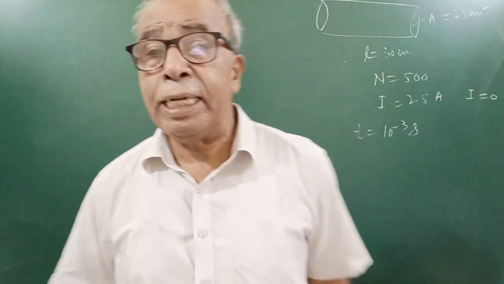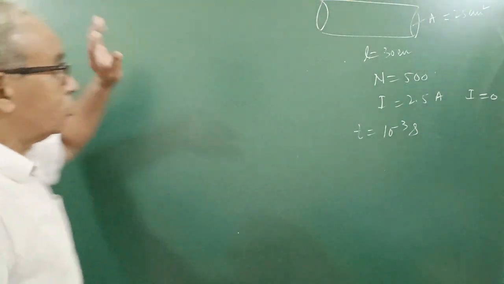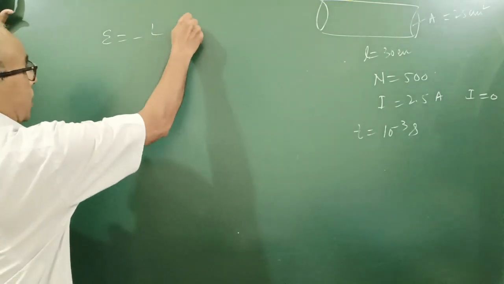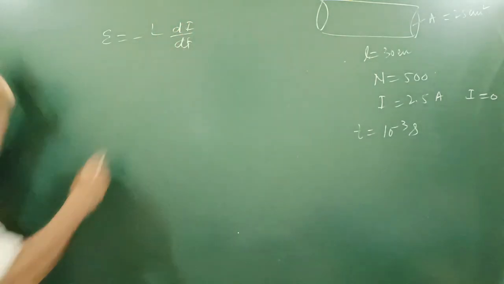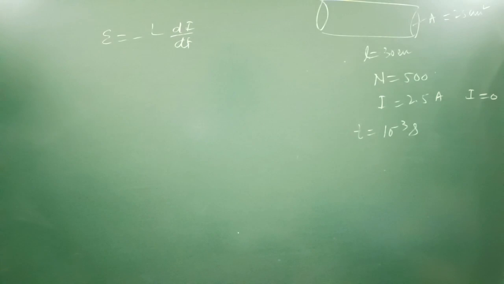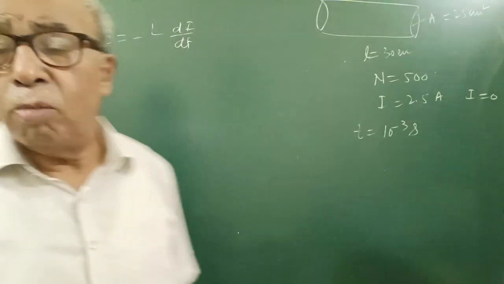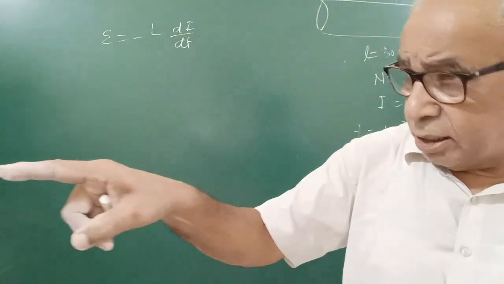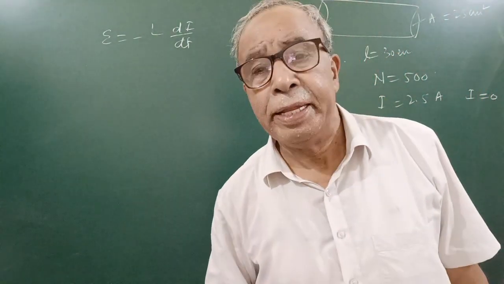Actually, I have tried many times to tell you about this phenomenon of self-induction, EMF equal to minus L di over dt. When you switch off your circuit at night, at home your fan or a bulb, there is a spark in the switch.